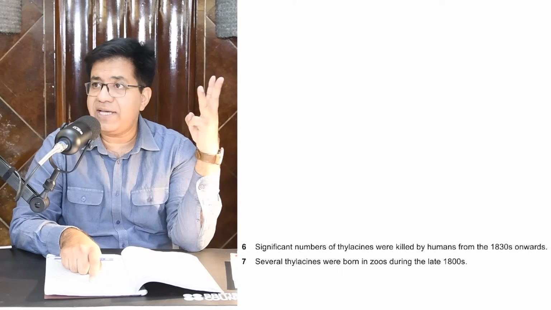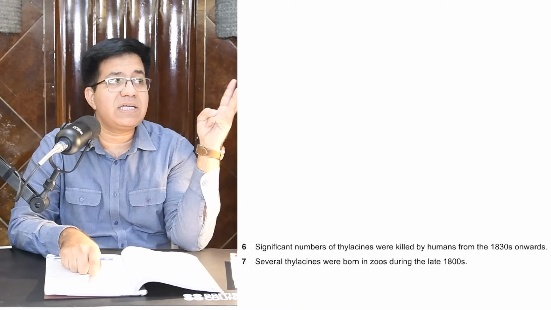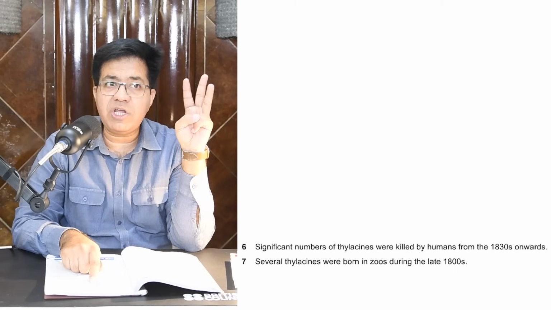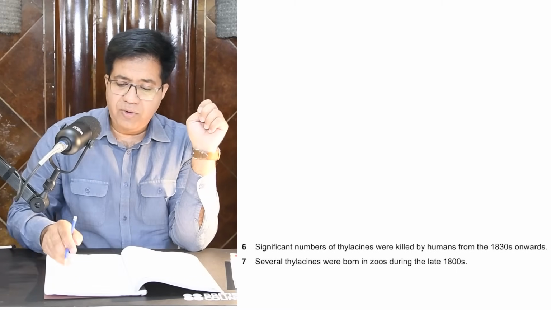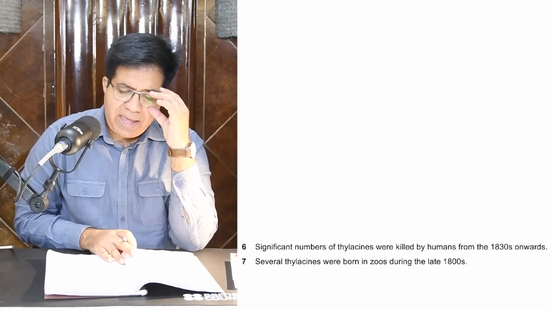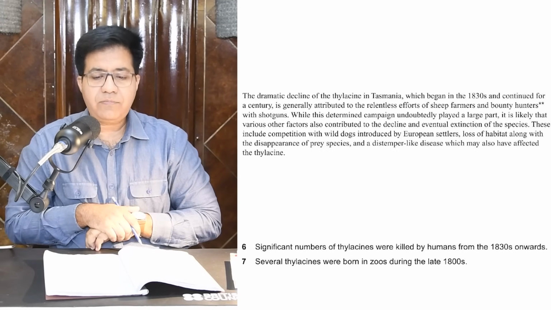And if they don't tell us who killed significant number of thylacines, answer is not given. So you need to divide the statement into 3 parts like this. Okay. Now 1830s is our clue word. And we go back to the passage, second page, first line. Found it?